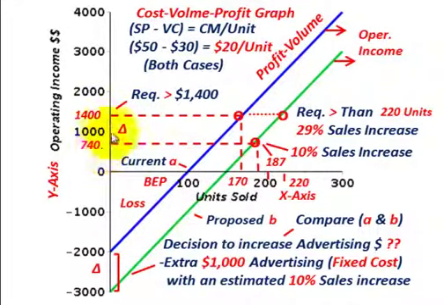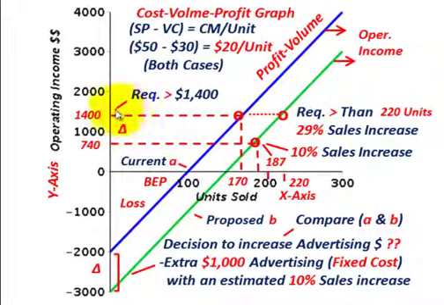So we would actually be reducing our operating income by about 1/2, or 50%, by spending that extra $1,000 in advertising cost. So right there, we've made our decision. It's not something you want to do.